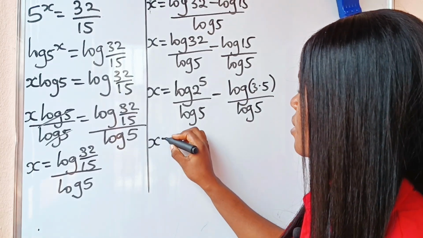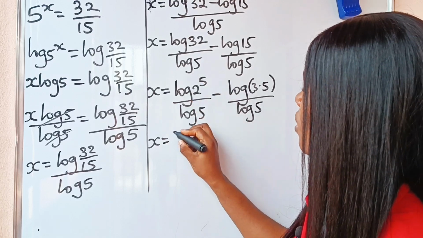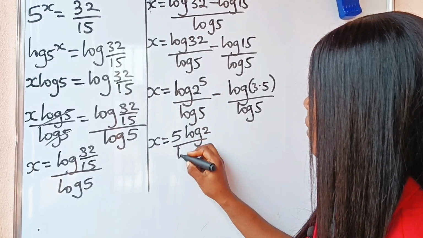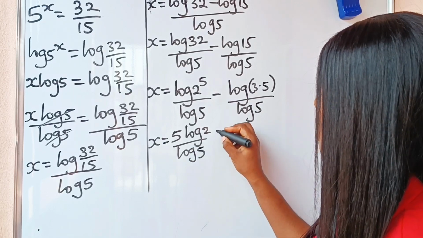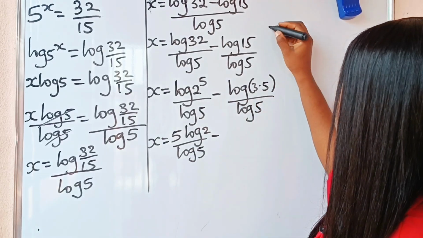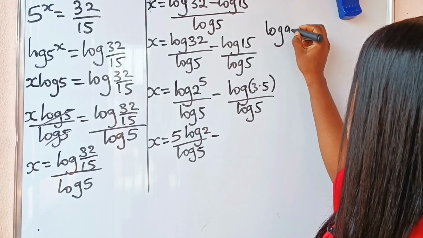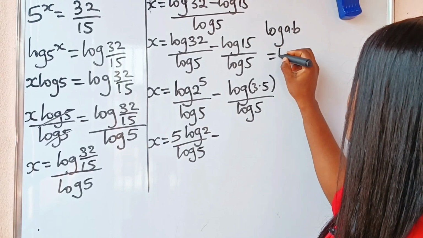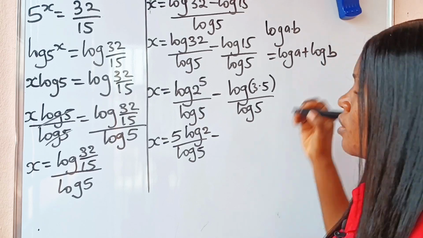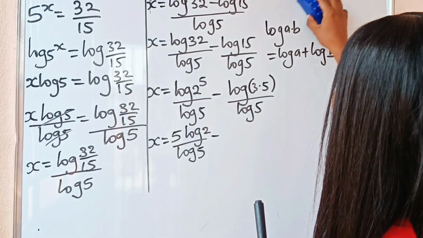Now our x is equal to, this will come down, 5 log 2 divided by log 5 minus, now we can express this as, when you have log a multiplied by b, this is equal to log a plus log b. Okay, that is the meaning.